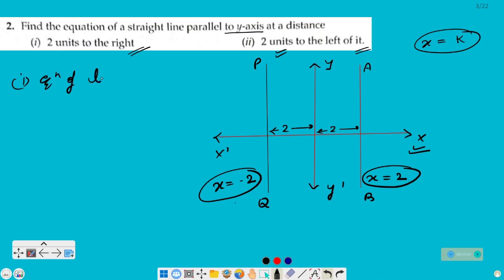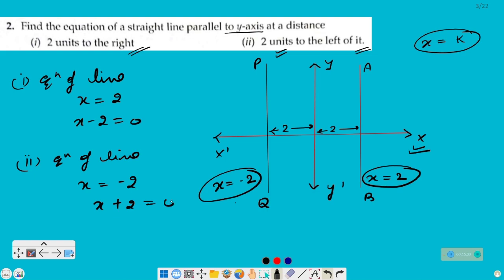For first part, equation of line x is equal to 2 means x minus 2 is equal to 0, and second part x is equal to minus 2, x plus 2 is equal to 0.